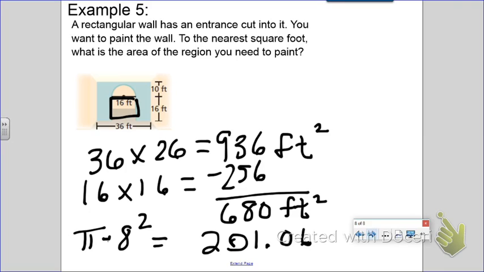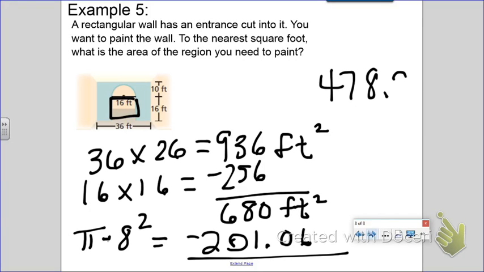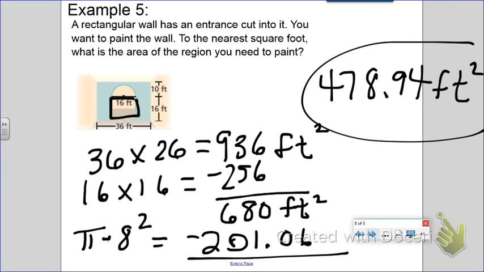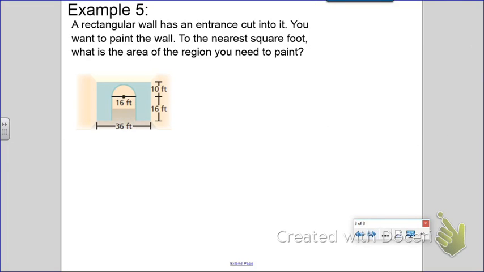So if I subtract out my final area and take 680 minus 201.06, we get 478.94. So my final area is 478.94 square feet. And that's all for our lesson today.